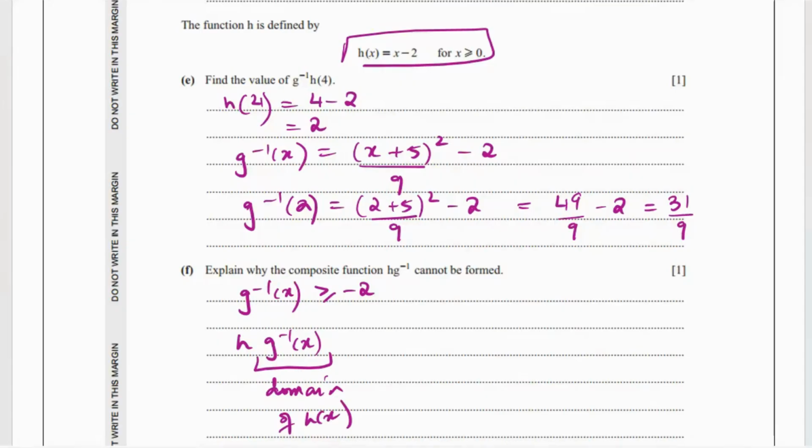Like x greater than or equal to 0 is on the other side, and x greater than or equal to -2 is on the other side. So because of that, the composite function cannot exist. Hence, the composite doesn't exist.